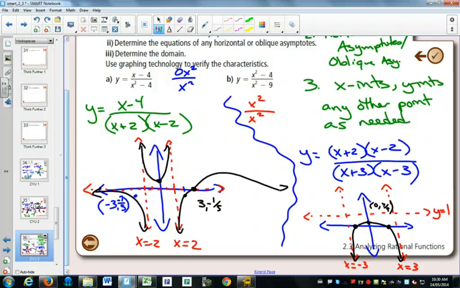So plug in 4. Can you see on the top you would get 16 minus 4, 12. And plug in 4 on the bottom, you would get 7. 12 over 7 is 1 and a bit. Okay, going to estimate where that is. It's above the asymptote. So when I plugged in 4, I got 12 over 7.